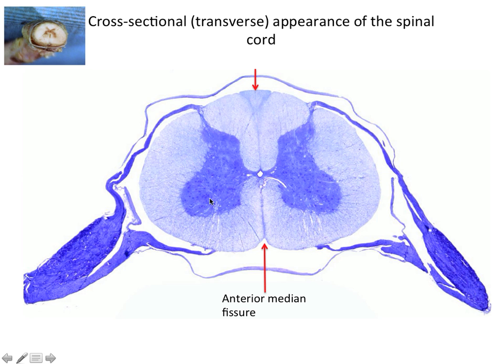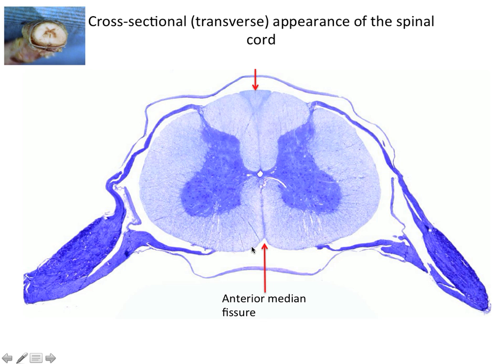Okay, so we call it anterior because it's anterior, that makes sense. We call it median because if we were to split this down the center, then that is, as you remember, called the mid-sagittal or median plane. And a fissure is like a gap. So this is a wide gap in the median plane on the anterior side.